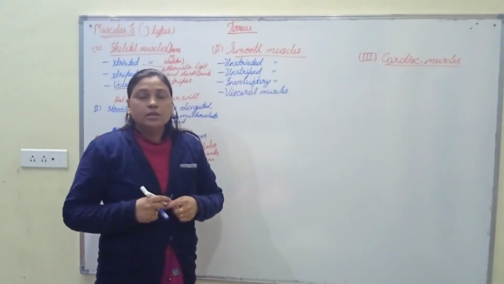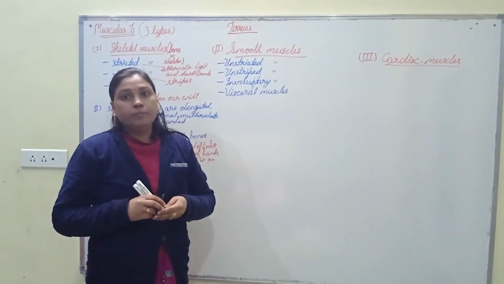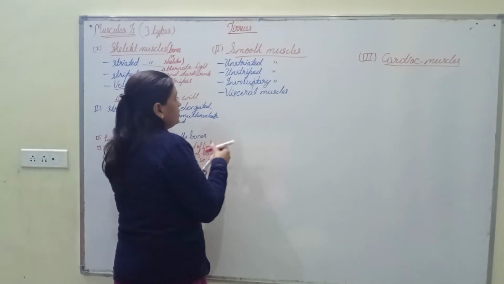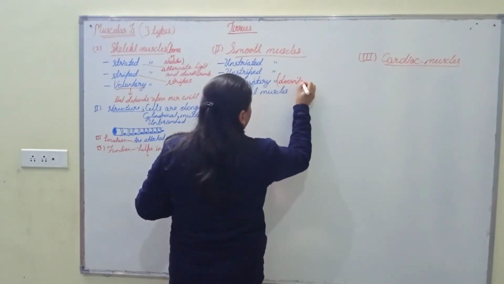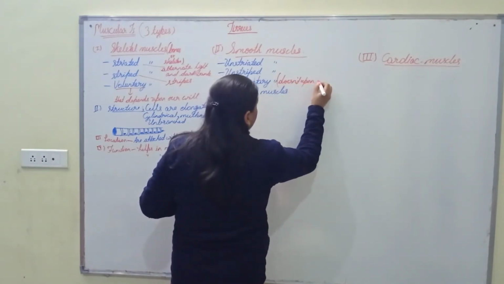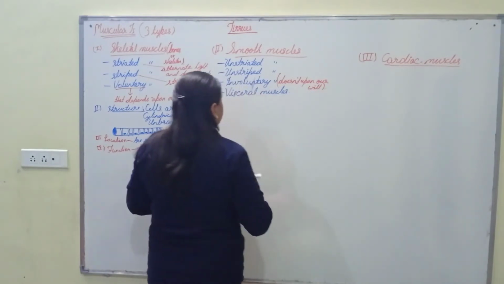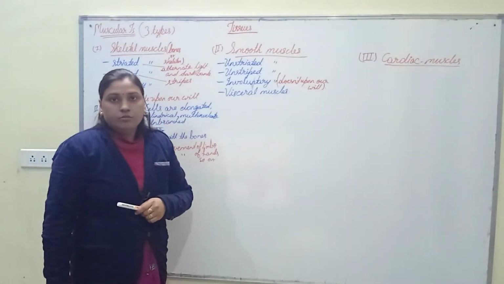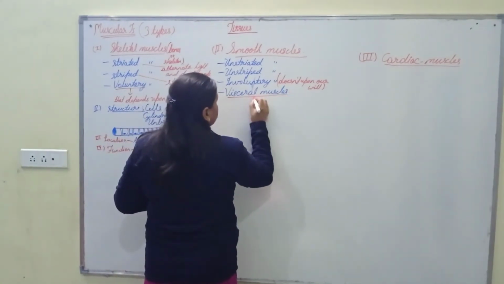Involuntary muscles means it doesn't depend upon our will. And these visceral muscles are found in the visceral organs.